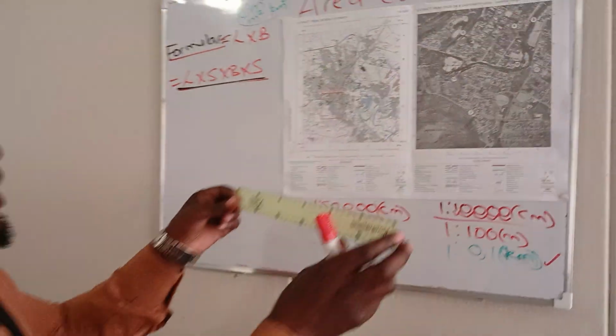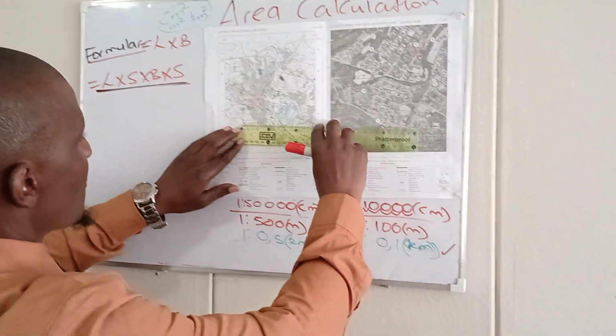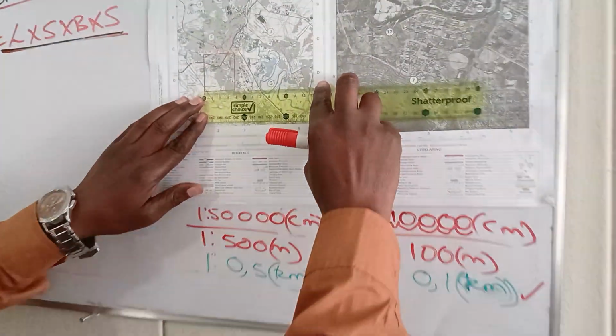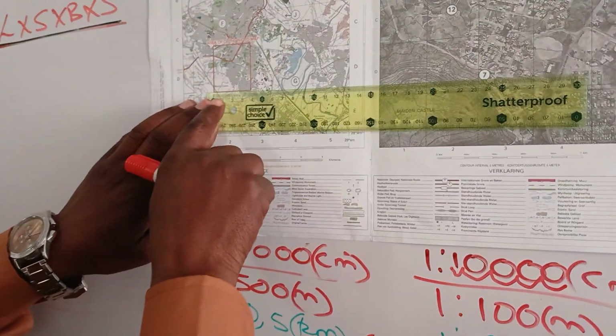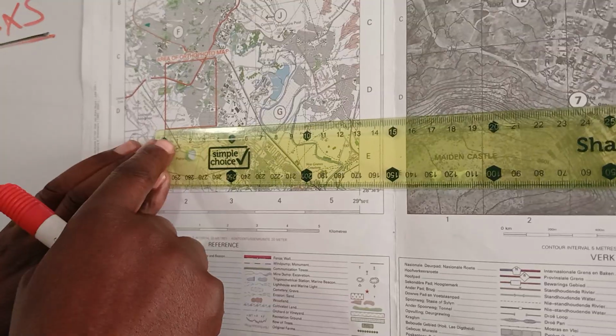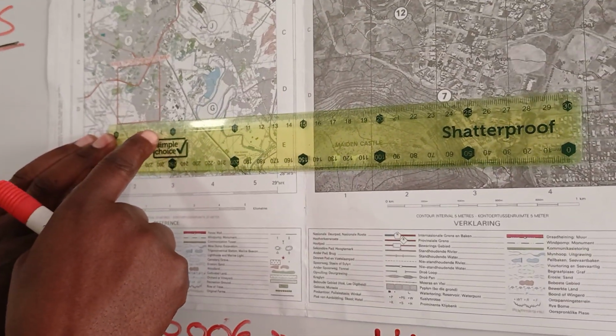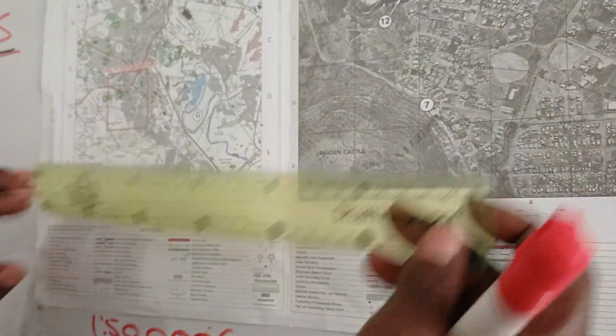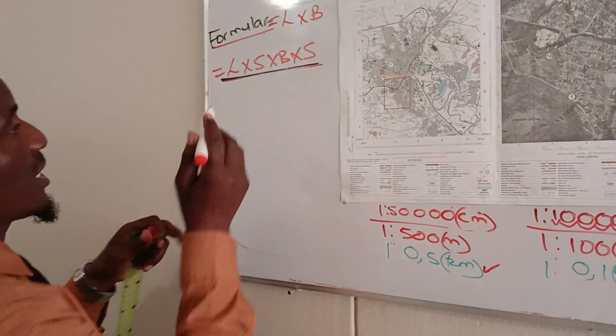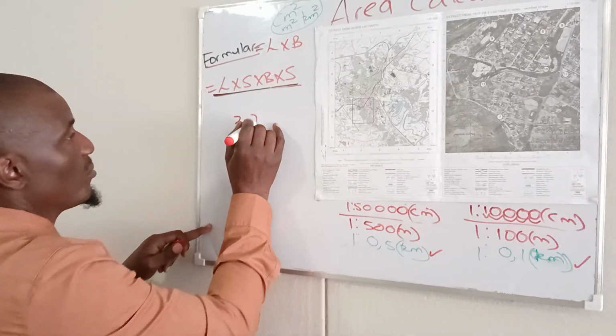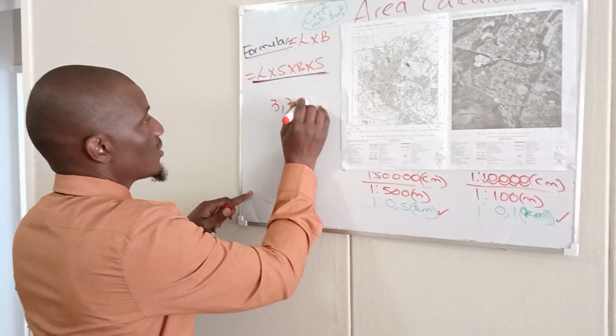So I'm going to use my ruler here. I'm going to measure from here up to there. If you look at our ruler, from 0, 1, 2, 3, I've got something like 3.7. I'm just going to record it here: 3.7. This is in centimeters.